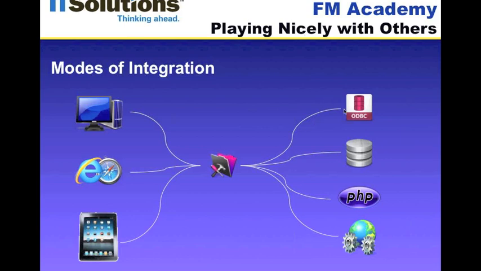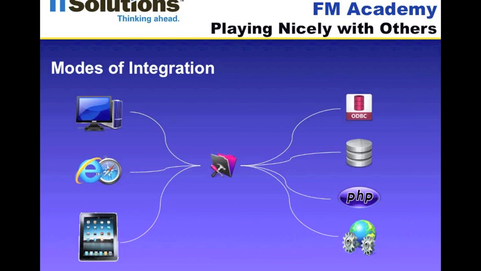You can access data from ESS sources using import and export, ODBC sources using ESS. Using the web publishing engine, you can use PHP, or you can build web services to use or consume your data. There are some other methods to exchange data. Those would be plugins.